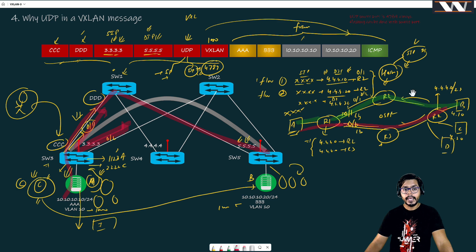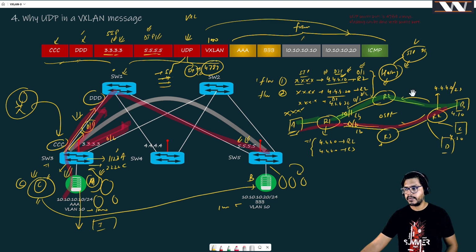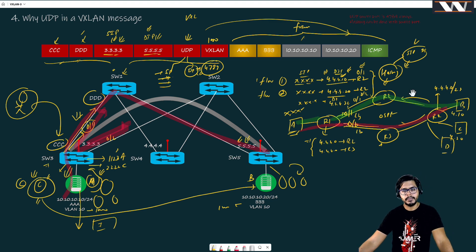Really interesting. That is why we have put the UDP header here, so that we can have a different source port. Because you all know that in hashing, if anything changes, then we can change the destination interface. As simple as that.